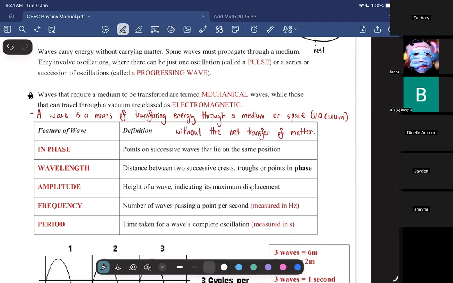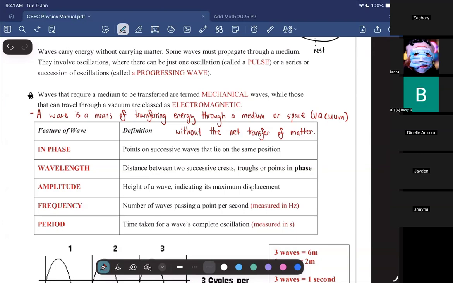You understand that now? Yes. That's why I'm saying it does not transfer matter. It's just causing the particles, the molecules, to vibrate about a specific point, back and forth, to transfer the energy. It's not causing them to move forward or backward consistently.